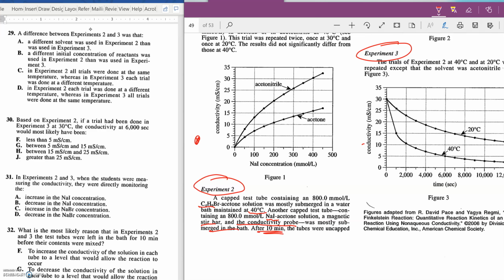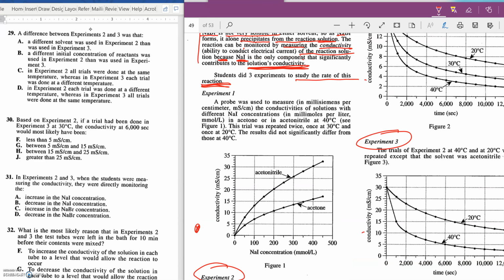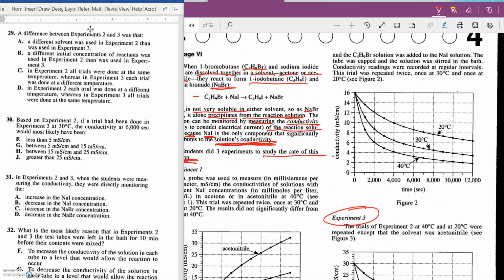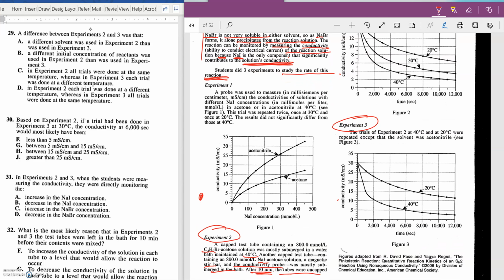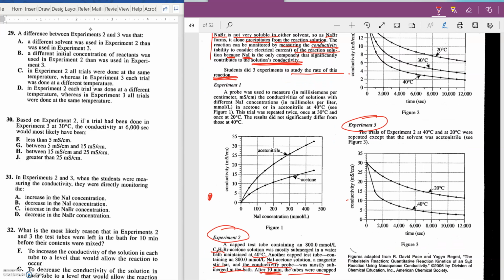After 10 minutes, the tubes were uncapped, and that solution was added to the sodium iodide. The tube was capped and the solution was stirred in the bath. Conductivity readings were recorded at regular intervals. The trial was repeated twice. That's pretty involved.